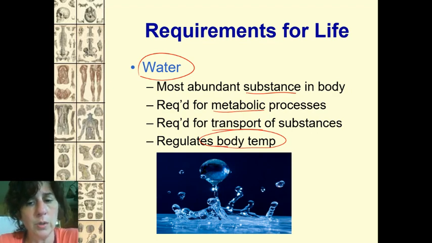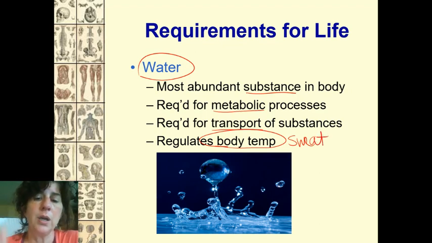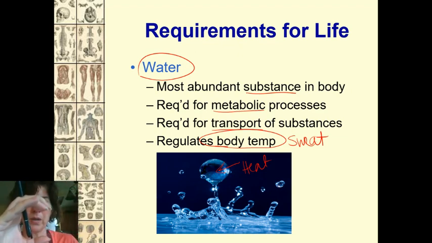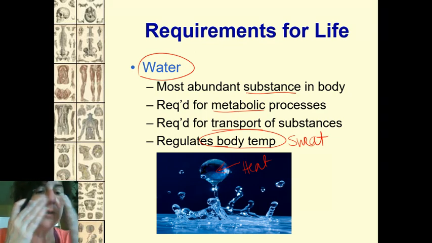What do you do when you get hot? You sweat. Water has this really good ability to absorb heat. So if you've got excess heat in the environment, water absorbs it. Then you dilate your blood vessels, meaning you open up, your blood vessels get larger on your extremities. So it comes to the surface, like across your face.